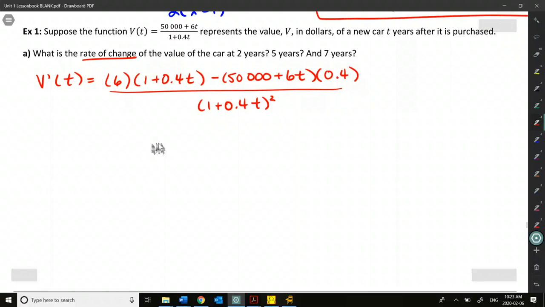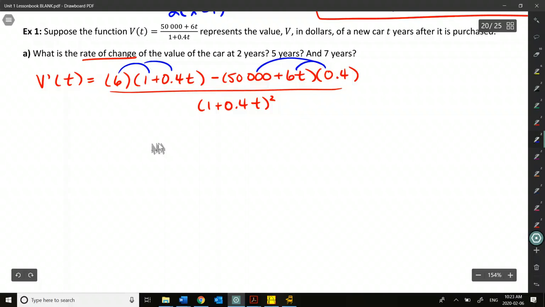Okay, I'm going to take just a quick couple seconds here and expand and simplify the numerator. So I'm just going to bring in that 0.4, the 6, and also this negative in front into that second bracket.